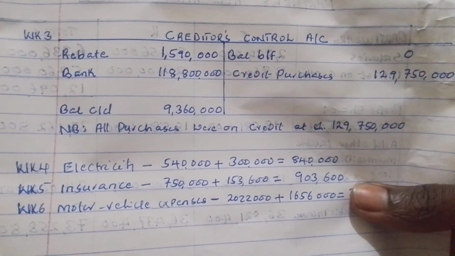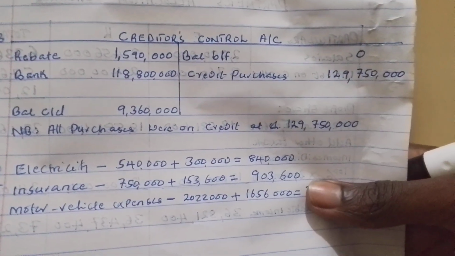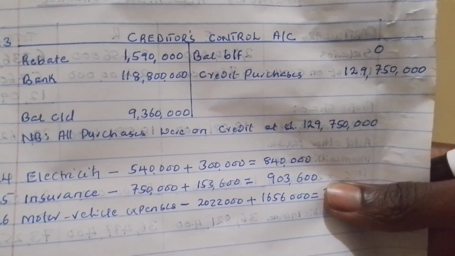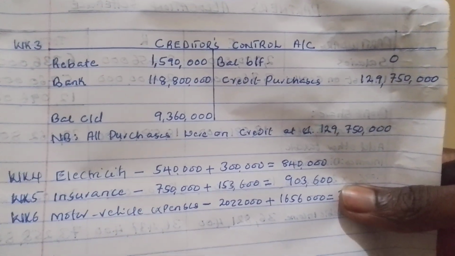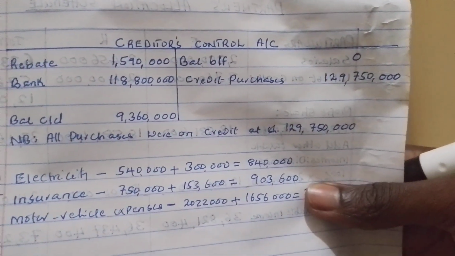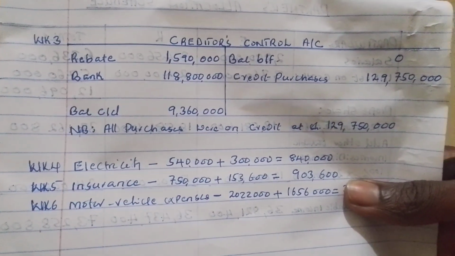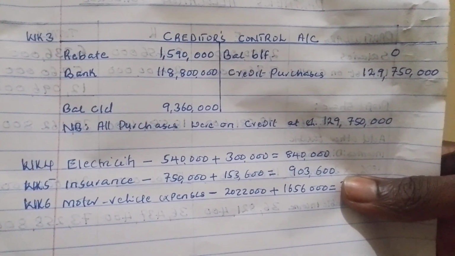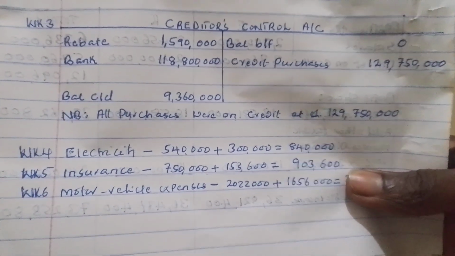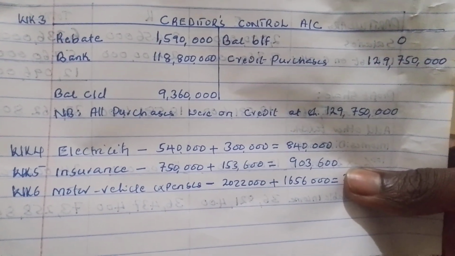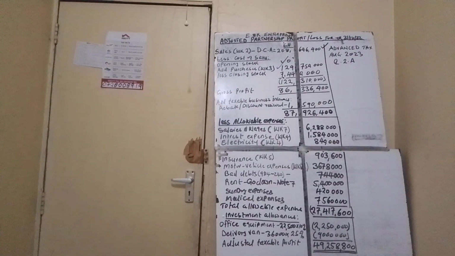Balance brought forward is zero, and then the balancing figure goes on the credit side, representing the total credit purchases, which is 129,750,000. So in this case, because we are not given cash purchases, we assume that all the purchases were on credit.